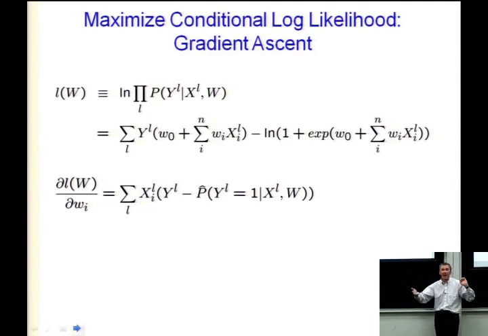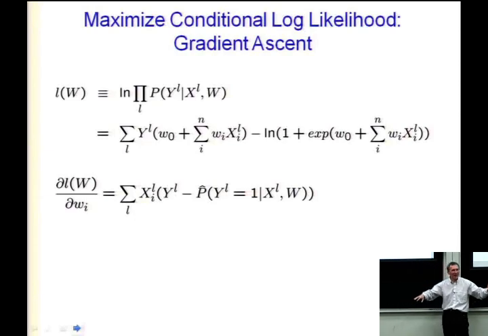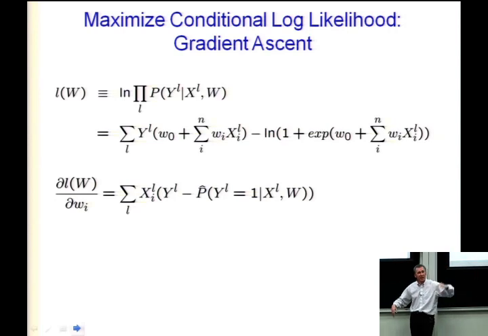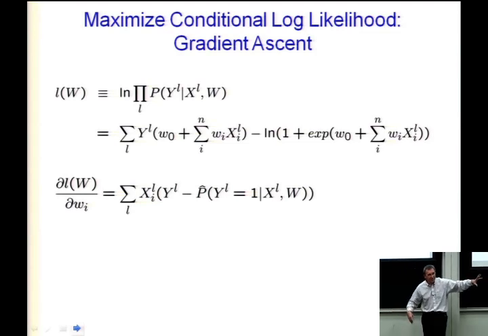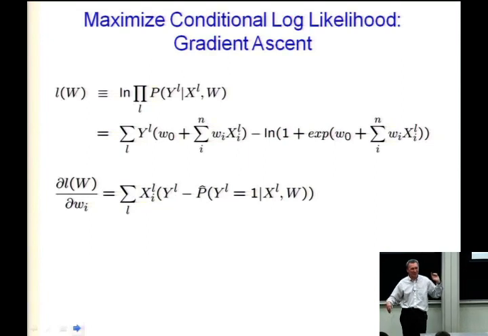In fact, people call that a discriminative classifier because P of y given x just discriminates the x's for which y equals 1 from those for which it's 0, but it doesn't capture the full joint distribution, which of course we could calculate from the two probability terms that we get from naive Bayes. Sorry, P of y and P of x given y are the two we get for naive Bayes.